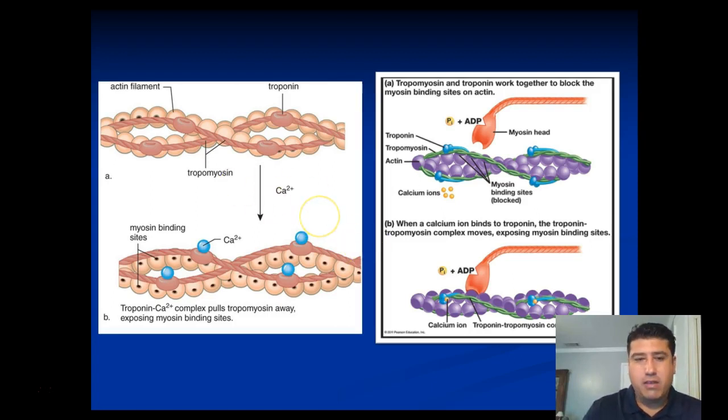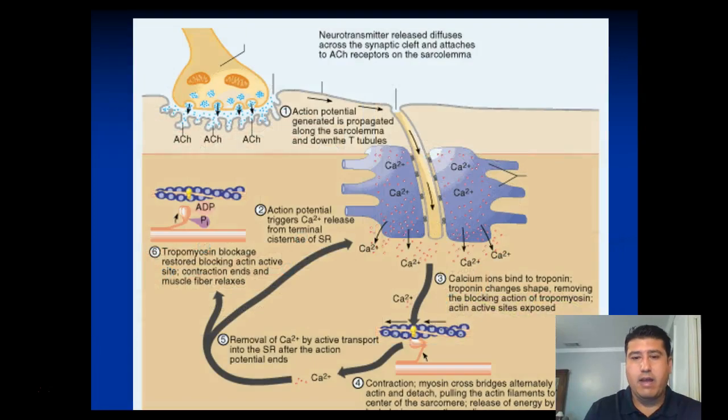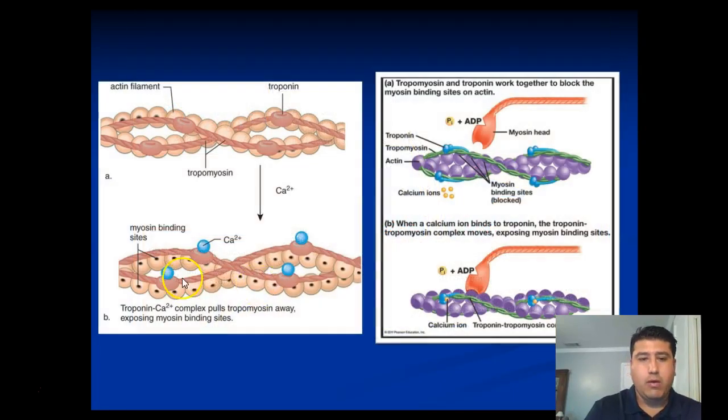Now, going back to the actin myosin interaction. What we have here is a blown-up graphic representation of the actin myofilaments, the thin filaments. You can see all these circles here. These are the binding sites on actin. This is where myosin has to attach.